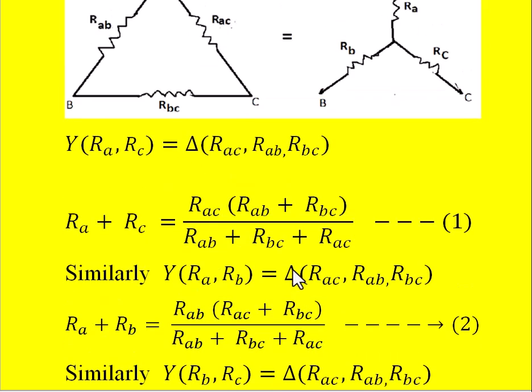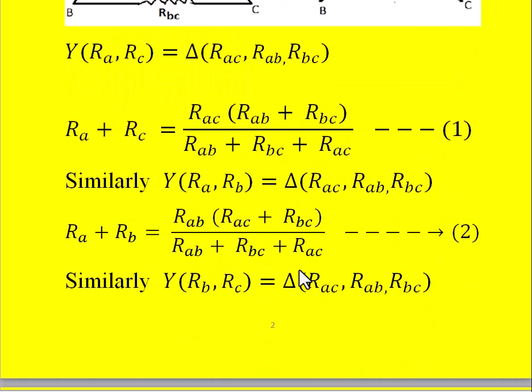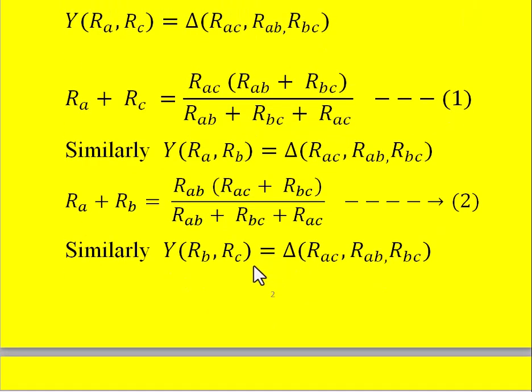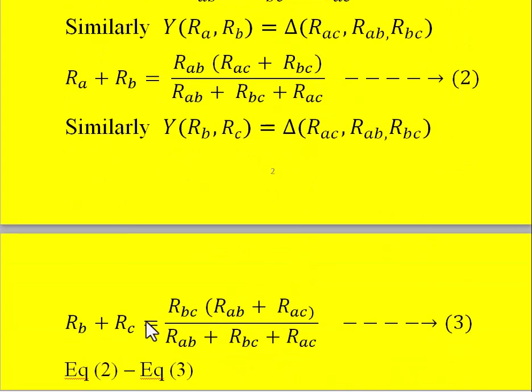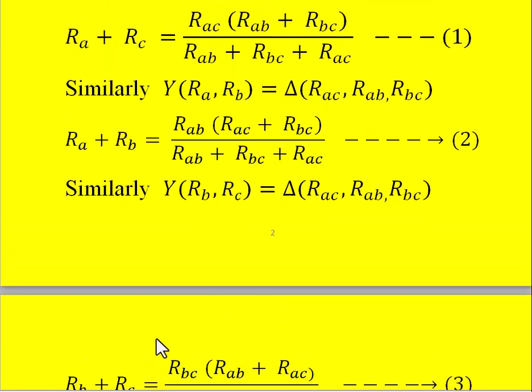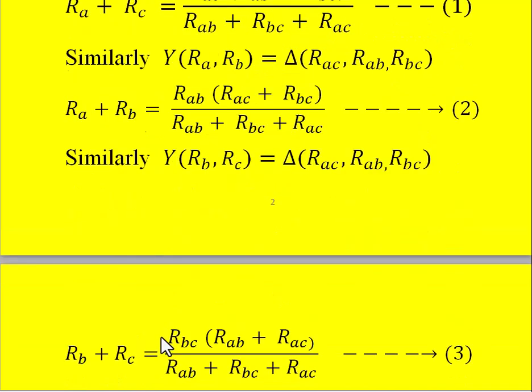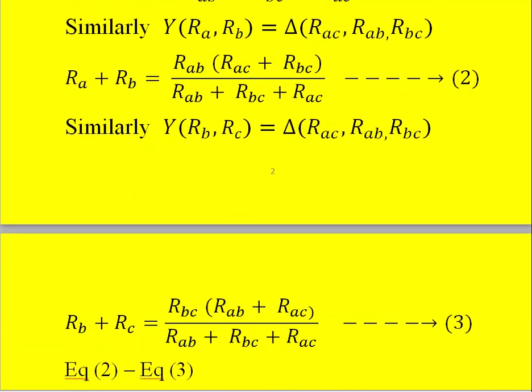In a similar way, the resistance can be calculated for the equivalent star between terminals B and C like this. So in the star connected system, RB and RC are connected in series, whereas RA is in hanging condition, so it will be neglected.